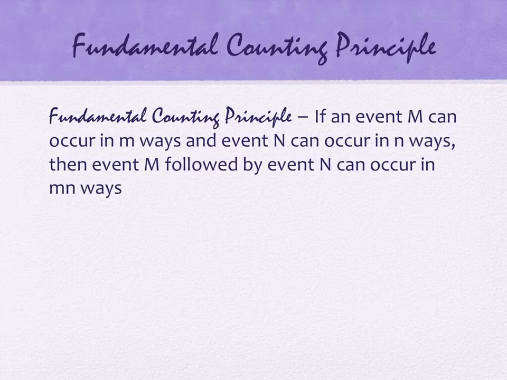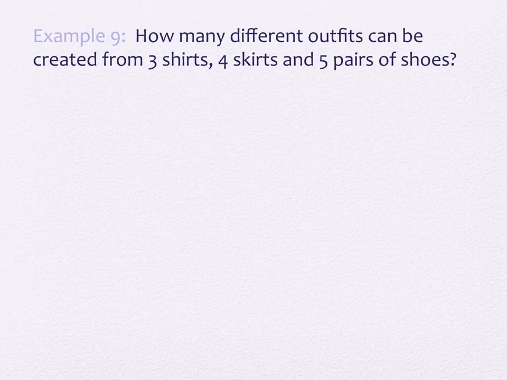And here's a classic example. We've got all ladies in the class. So we're going to create outfits. Okay? We're going to assume that all of our color scheming works. So these are all wearable outfits. We have 3 shirts, 4 skirts, and 5 pairs of shoes. And the question is, how many outfits can be created?